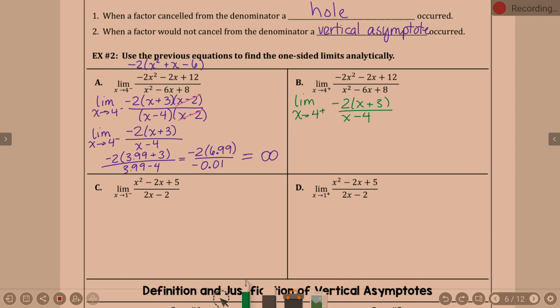This is a number from the right, so 4.01. So I end up with -2 times 7.01 divided by 0.01. Essentially, I end up with -14 divided by a positive 0.01.